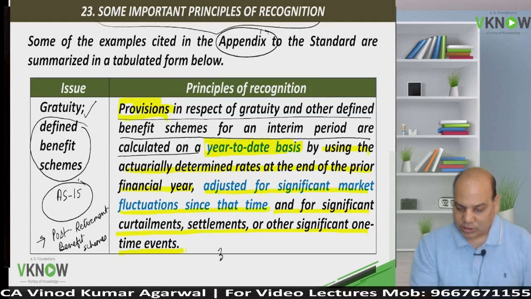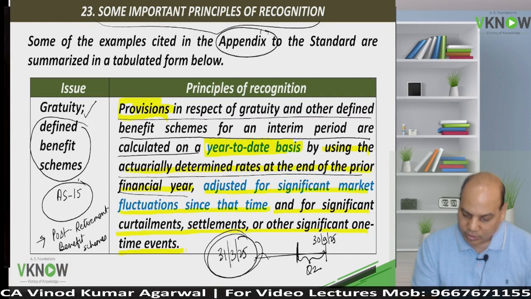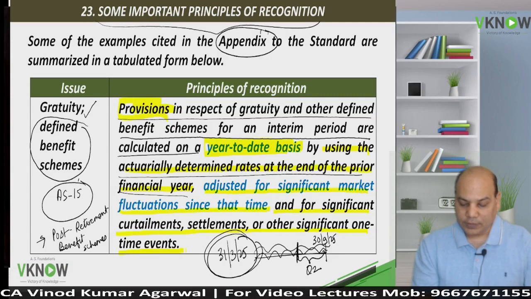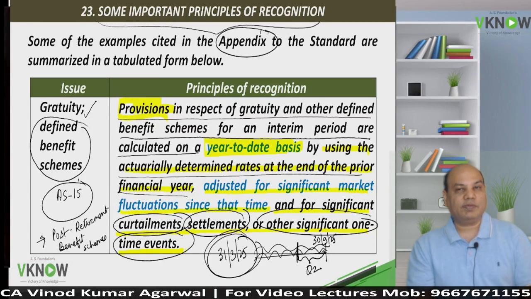Let us say my last year closing date is 31st March 25 and we are preparing the second quarter interim report. So you will have to take the actuarially determined rates at the end of the previous financial year. Take this and make adjustment on year to date for 6 months. If there are any significant curtailment, settlement or significant one-time event, give effect of that.